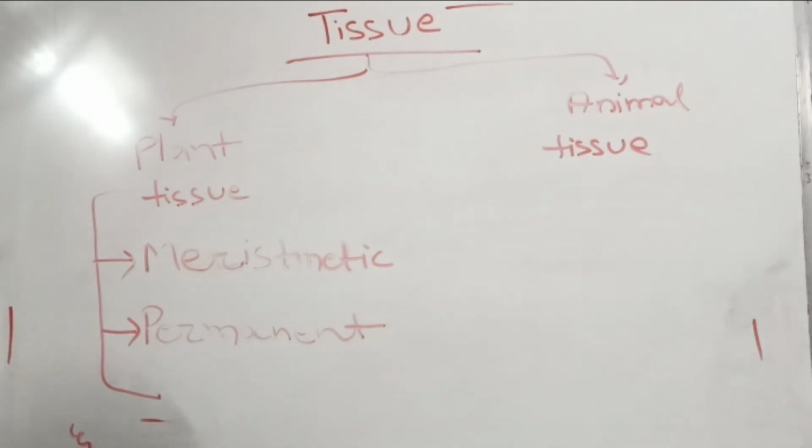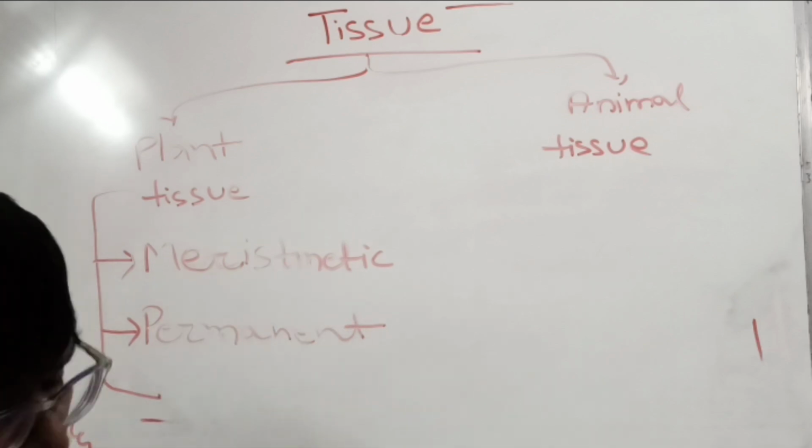So two types of tissue you will see in plants. First is meristematic and second is permanent.